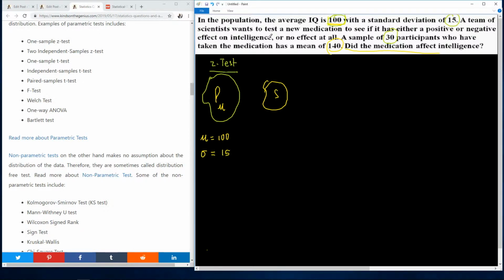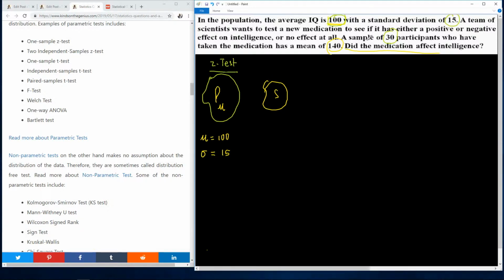A team of scientists want to test a new medication to see if it has either positive or negative effect on intelligence or no effect at all. So this is a bit confusing, but simply we can state it that a team of scientists want to test the fact that the average IQ of this population is 100, right? Good.